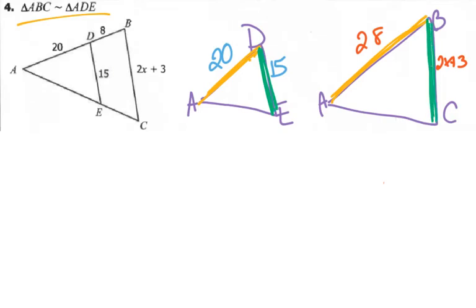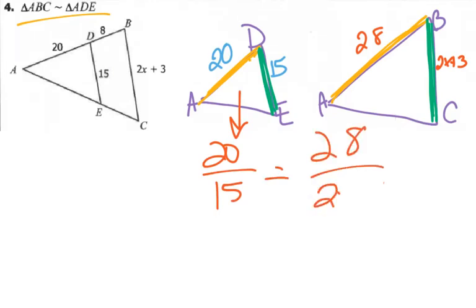Once these are marked up, we can go ahead and set up the fraction. So I'll set up the yellow over the green, so I'll have 20 over 15 equals yellow over the green, 28 over 2x plus 3. Go ahead and cross multiply and solve this proportion. Don't forget to distribute the 20 to both 2x and the 3, okay?